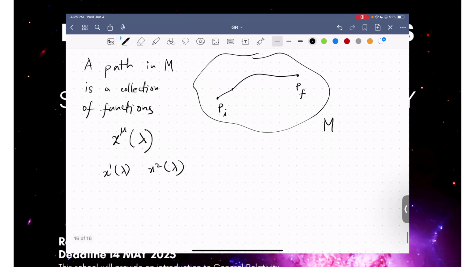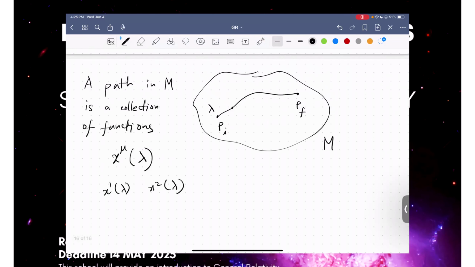And lambda at the initial point may be 0, and lambda at the final point may be 1, but these values are arbitrary, so they can be anything. As you move along this path, lambda monotonically increases from 0 to 1, and the values of the coordinates also change, which is what I was saying earlier: here we have some values, here we have some other values of the coordinates. So that's it. These functions define a path from one point of your spacetime to another point.